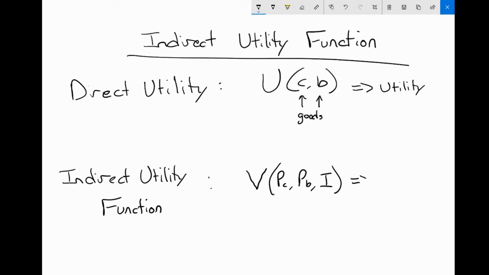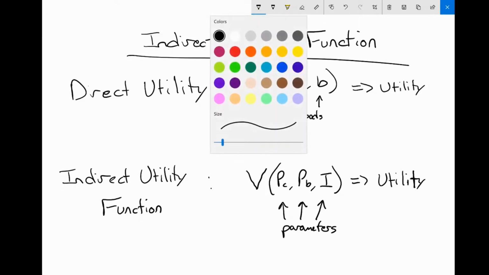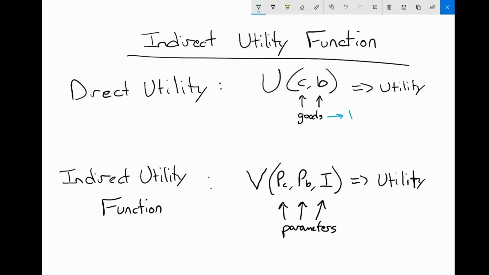And this also gives you utility as an output, but it takes the parameters as input. So it takes the parameters as inputs, and it gives utility as the output. So what's happening here is that the direct utility function is a function of the decision variables. So the goods, or we might say the decision variables.